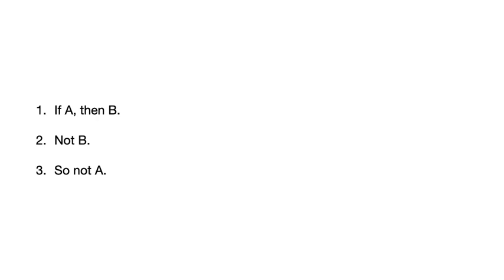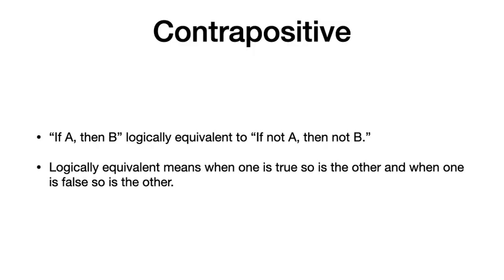Now, one thing, and we've already talked about this, is that if A, then B, and if not A, then not B are logically equivalent statements. Logically equivalent just means if one is true, the other is true as well, and whenever one is false, the other is also false. Whenever if A, then B is true, if not A, then not B will also be true. And whenever it's false, this one will also be false.